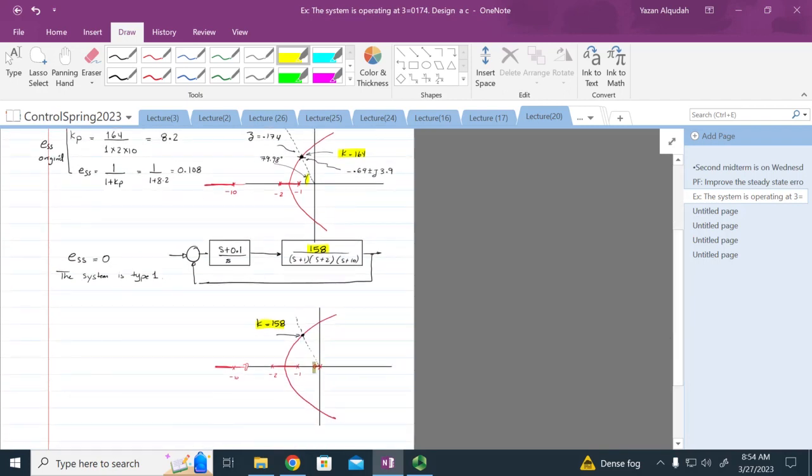Now I added this pole and zero. Therefore, the root locus moved to the right a little bit, such that I had to have K equal to 158 to be operating at that zeta. But what did I gain out of this? I have a steady state error that is equal to 0. Is that clear, everybody?